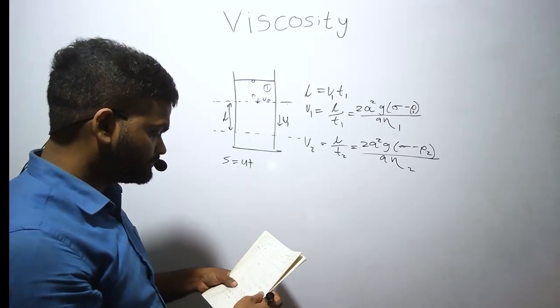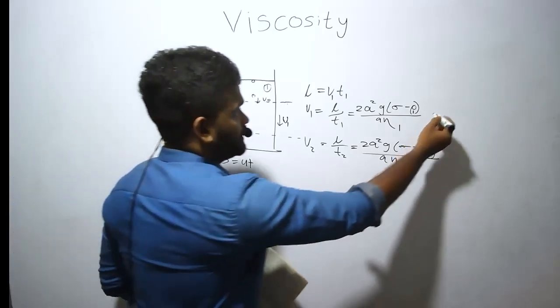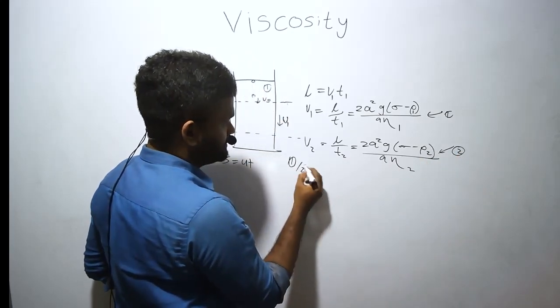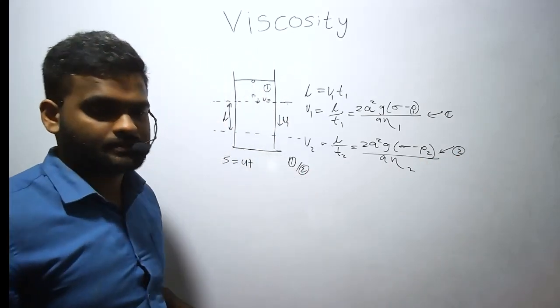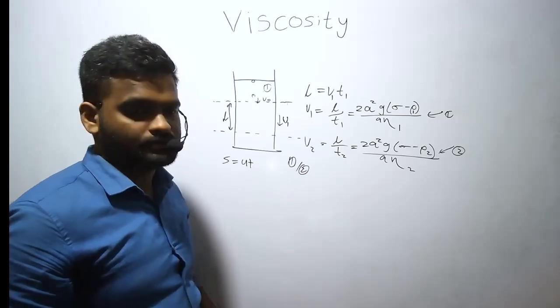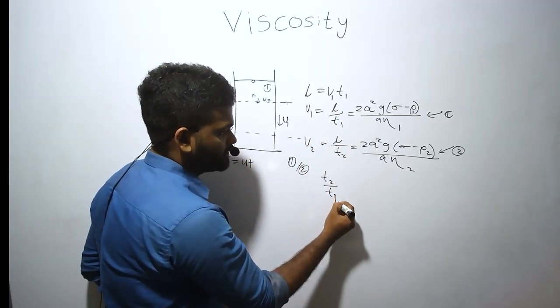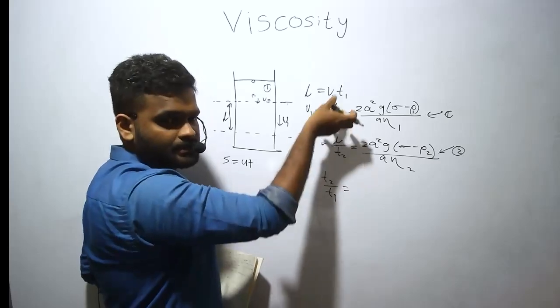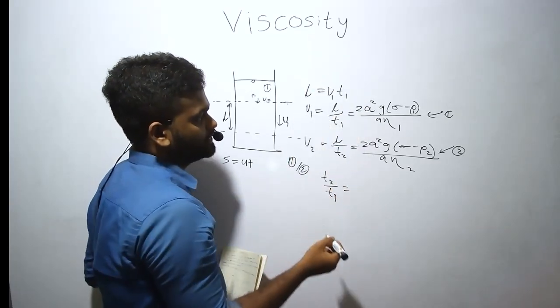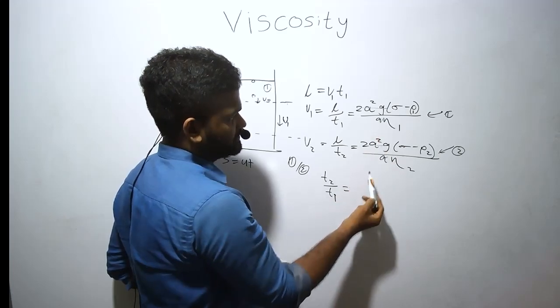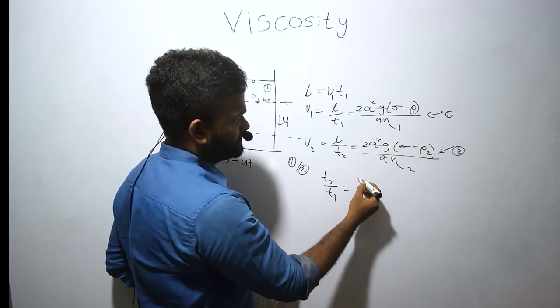Then what do you do? Let's say this is the first equation and this is the second equation. Just divide the first one by the second. L cancels off. When you divide, this becomes T2 over T1. This flips. Equals, these cancel off, 9 cancels off. So what do you get?